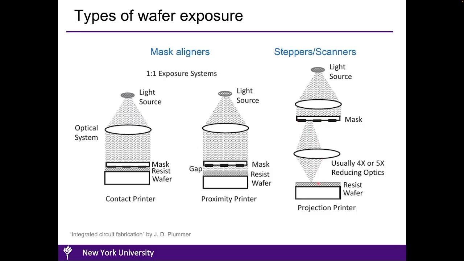Generally, this optical system reduces the mask image by a factor of 4 to 5 times. As a result, only a small portion of the wafer is printed, as shown here, during each exposure. Therefore, the mask or the wafer must be moved to print the entire wafer.